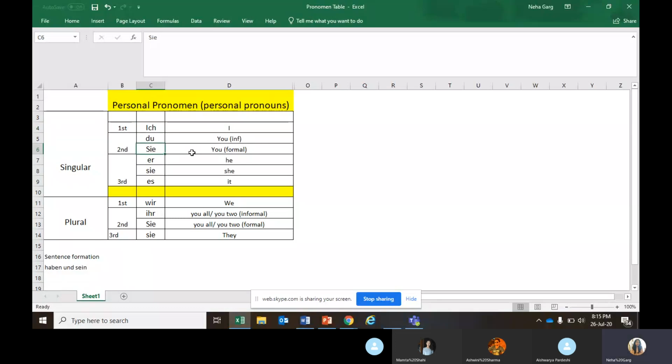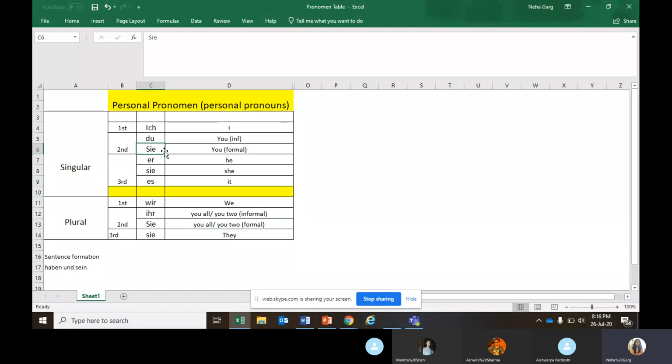Here in this highlighted section, Sie, write it with capital S. So in German, you can take it as a rule or a quick tip: whenever you have to write anything in a formal way to a person, you would start that with a capital letter, like Sie with capital S. Yesterday, if everyone remembers, we learned Ihnen. Ihnen was starting with capital I because we were using a formal conversation.